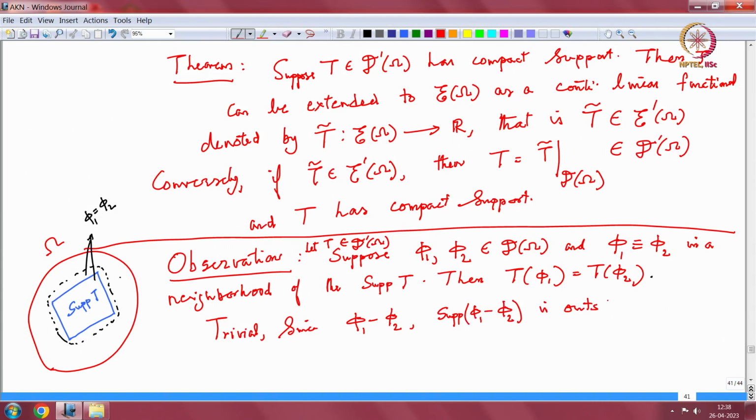In other words, phi 1 minus phi 2 vanishes in that neighborhood. That implies immediately, by the definition of the support of T, that T of phi 1 minus phi 2 equals 0.